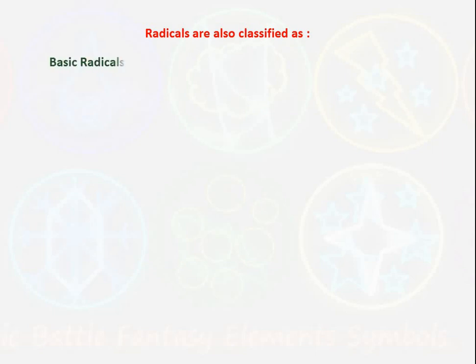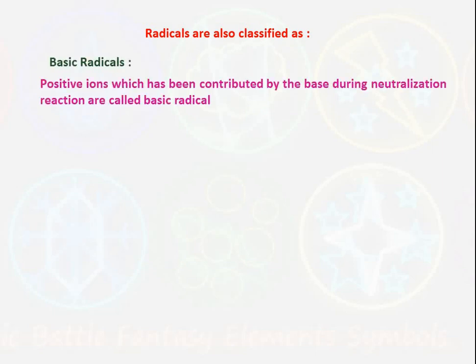Radicals are also classified as basic radicals, that is positive ions. There are two definitions for them. First, the positive ions which have been contributed by the base during a neutralization reaction are called basic radicals. It's a little bit tough definition, so let's understand it properly. Whenever a base loses all its OH groups, the remaining positive part of that base is called a basic radical.